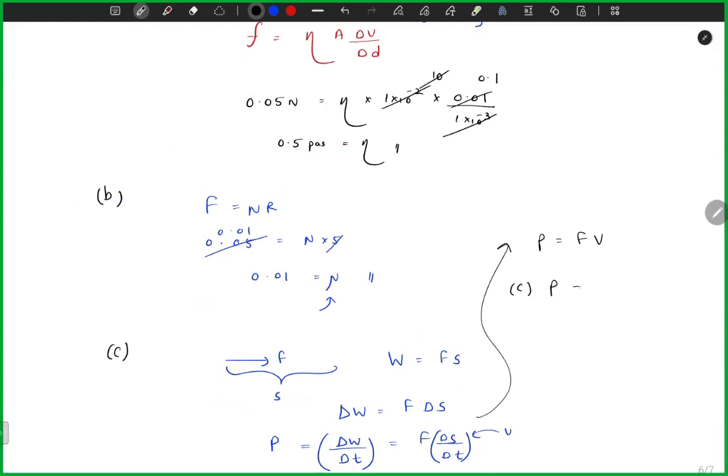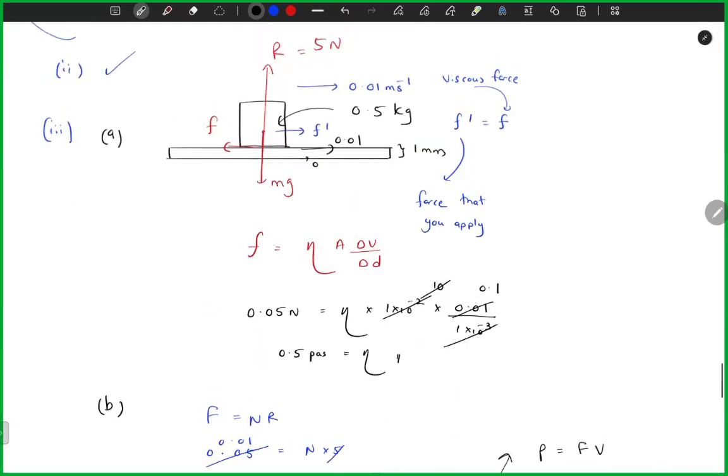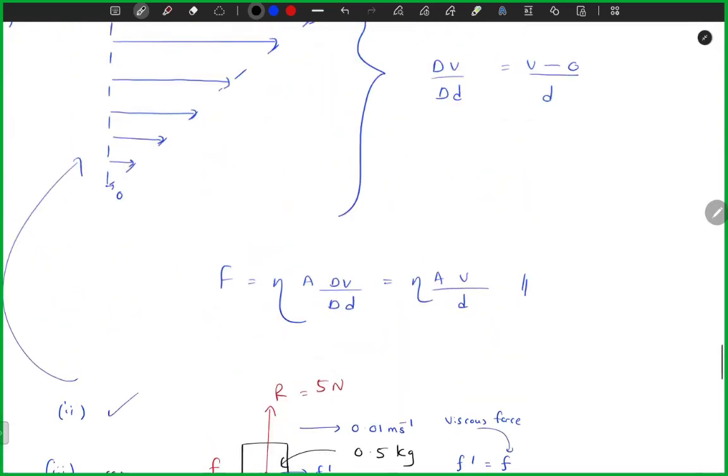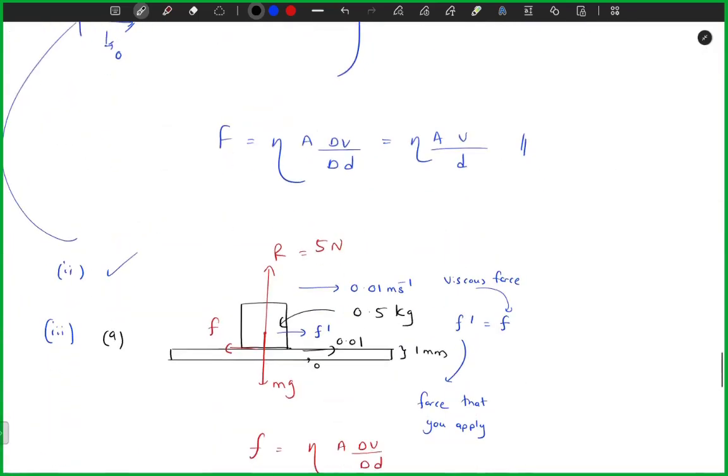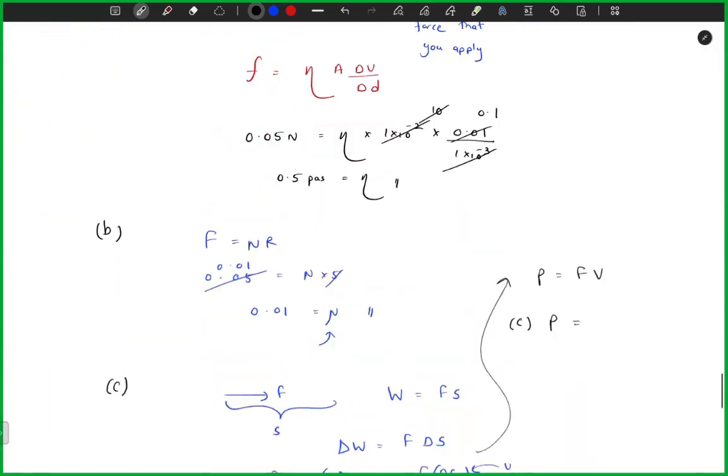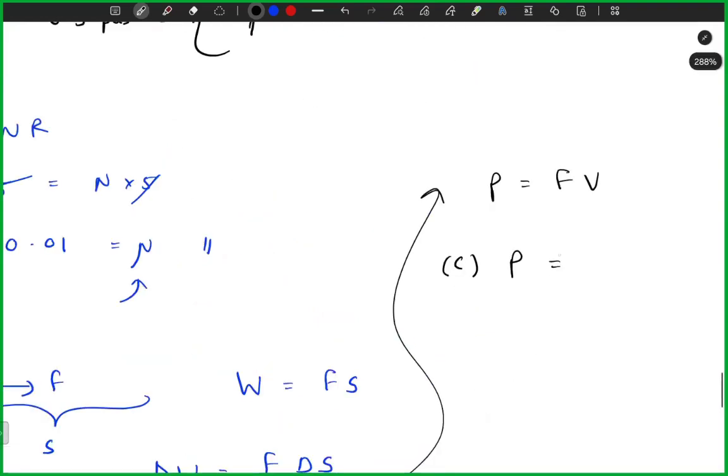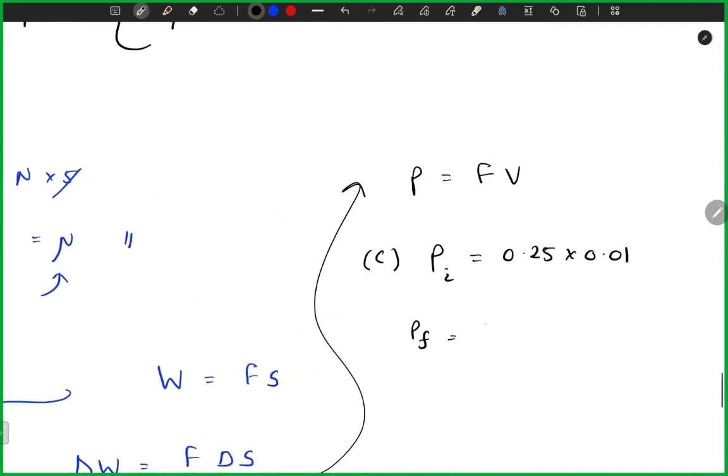So what was the previous force? 0.25. Yeah, 0.25. And previous velocity? 0.01. It's the same as the new one. This is Pi. That's Pf, the final power. That means after we apply the oil layer, the force became 0.05, but the velocity is 0.01.